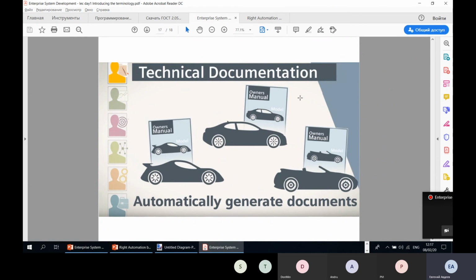Also, of course, we have to create some technical documentation. Usually it is based on the technical requirements.